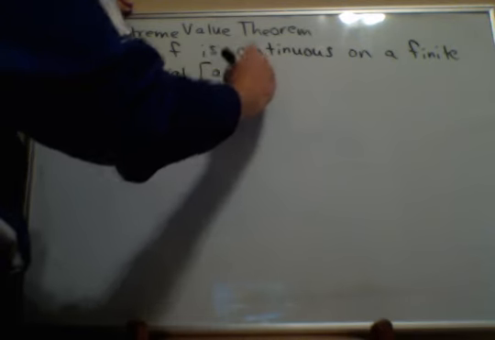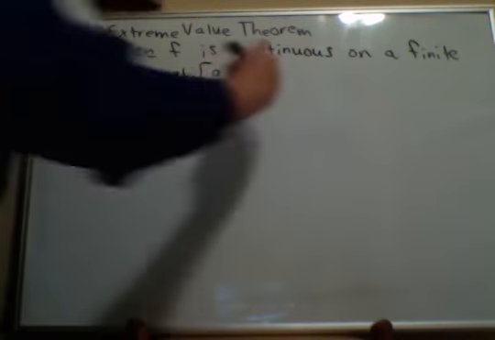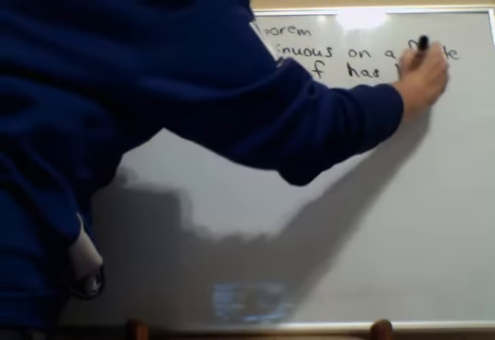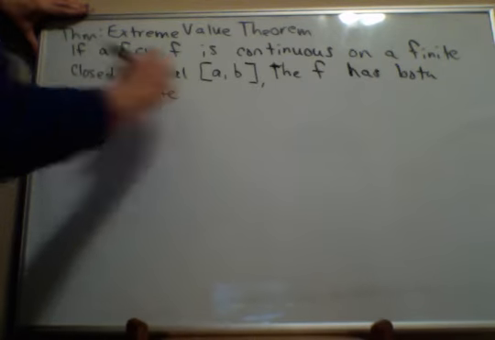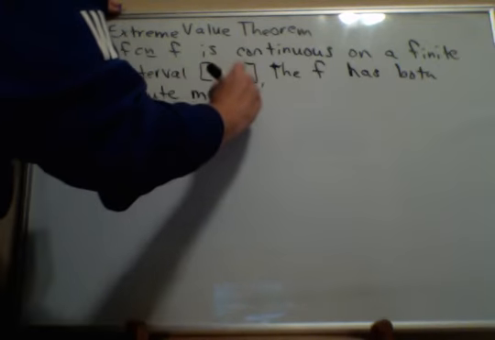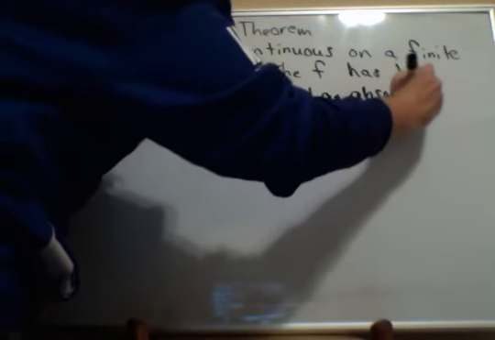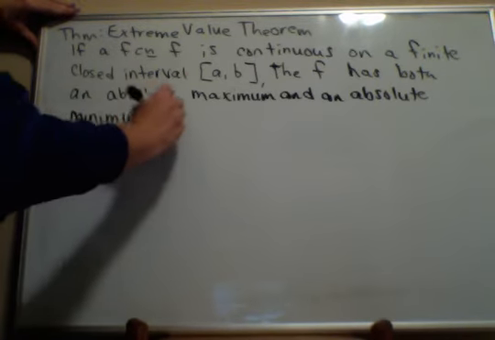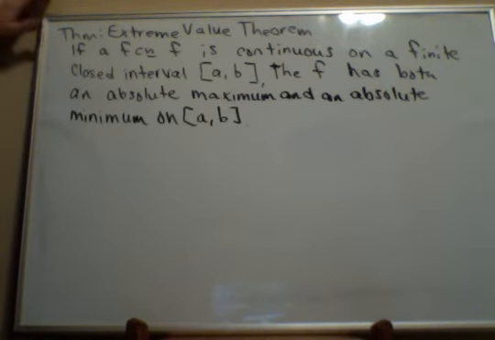It'll be kind of like that last graph we just looked at, A to B, including A and B. Then f has both an absolute maximum and an absolute minimum on the interval A to B. Okay.